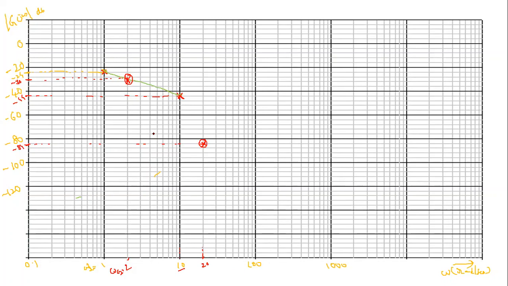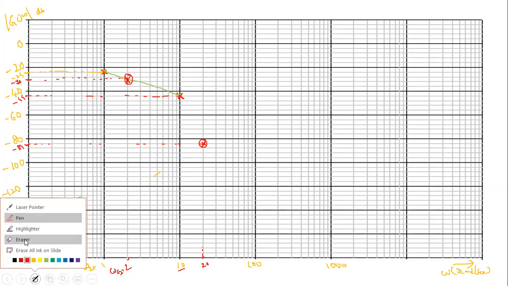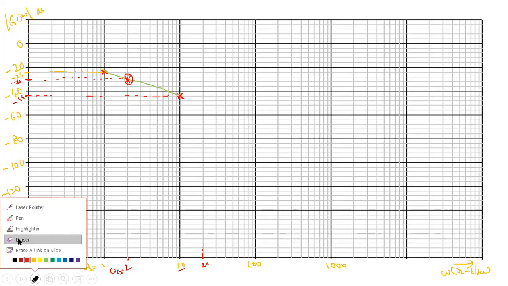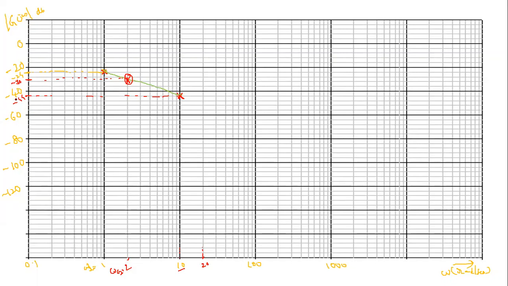How is it minus 84? We should add minus 30, this one we should add, sir. Minus 70, sir. Yes. It is minus 70, because minus 30 plus minus 40.